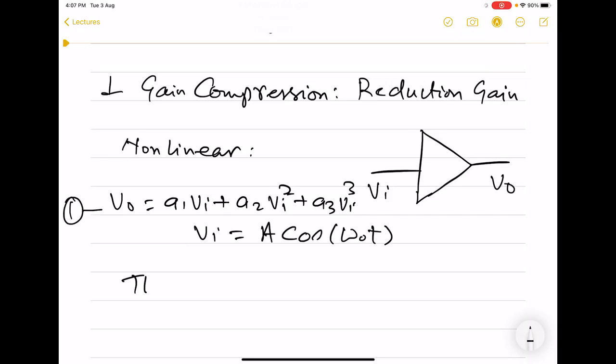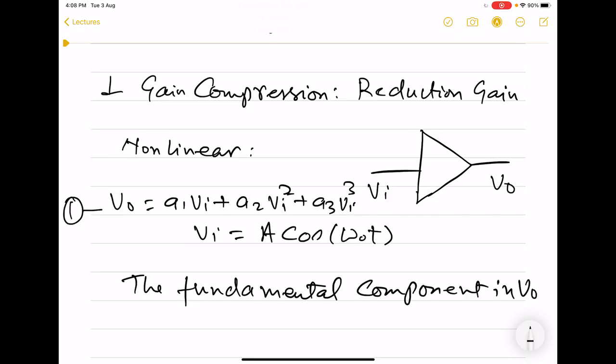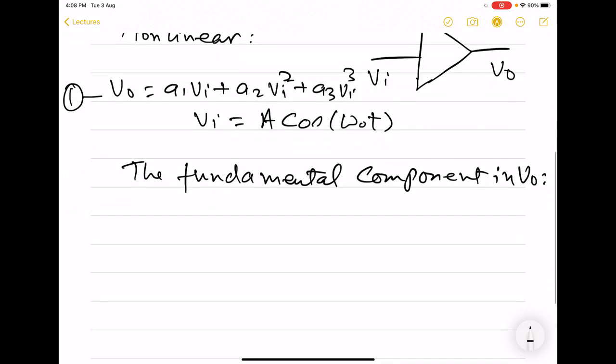So if you find out the output for the above input, the fundamental, which we will designate as VO1, and this is a non-linear case, so we will call it VO1N. So this will turn out to be A1A.